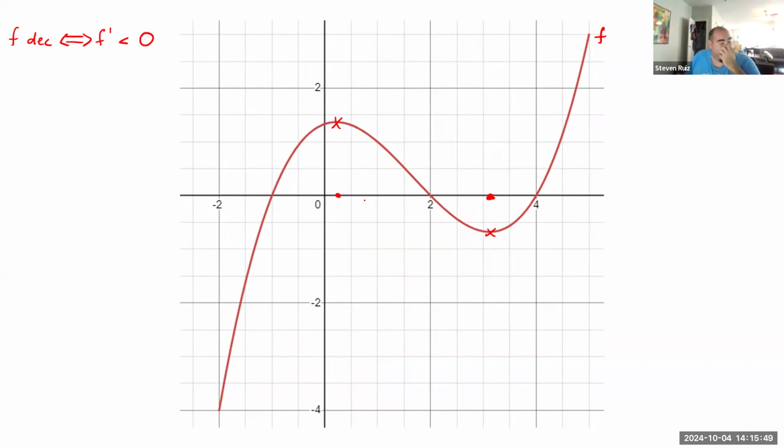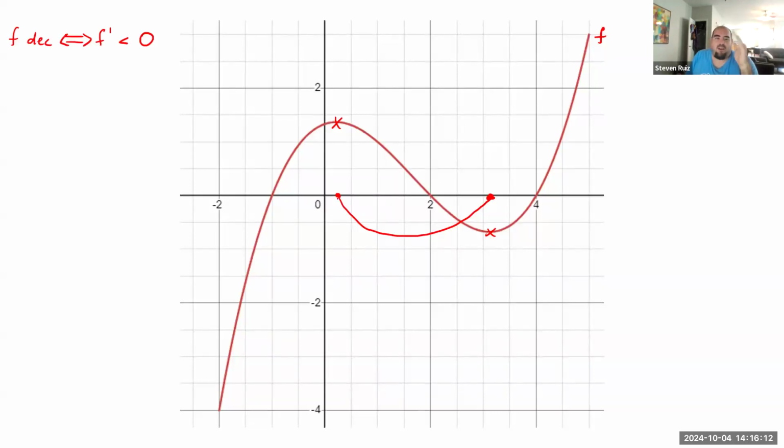So when I graph f prime here, I'm going to do it like this. I know that my derivative has to be 0 at each of these points, and because my function's decreasing between them, I feel pretty good in saying that the derivative has to be negative the entire time there.